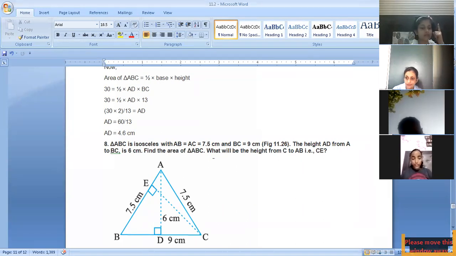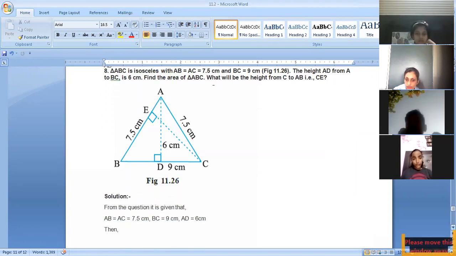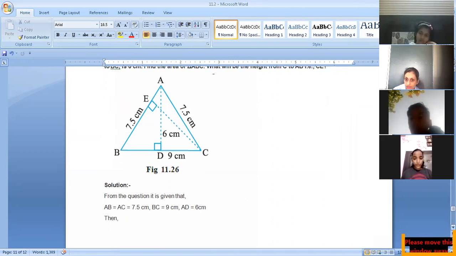Area of a triangle formula is half into base into height. So half into base into height will be the formula, and 9 as base and 6 as height will be taken.